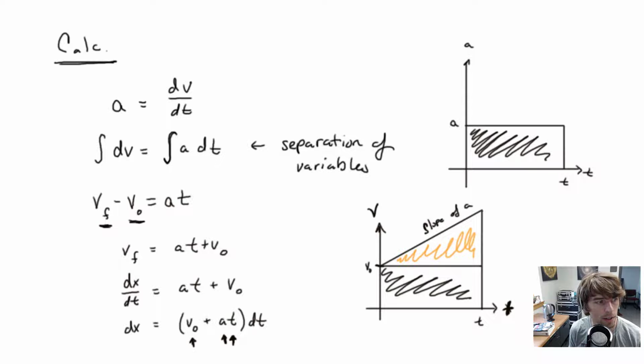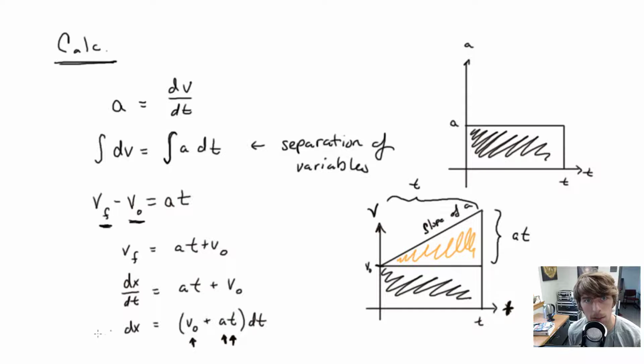You say, okay, I got this. So the height here is simply a times t. And the base is, again, just t. And so the area of this must be 1/2 at squared.